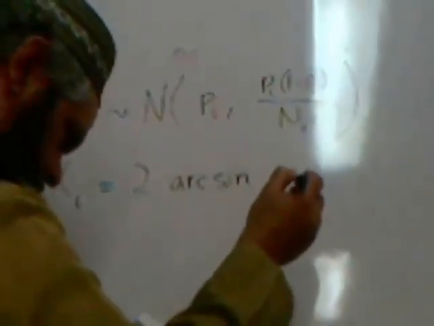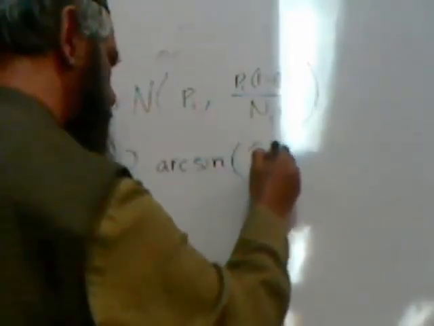If you take xi equals 2 arc sine of the square root of p hat I, then it turns out that this has normal distribution with mean 2 arc sine square root of Pi and variance equal to 1 over Ni.